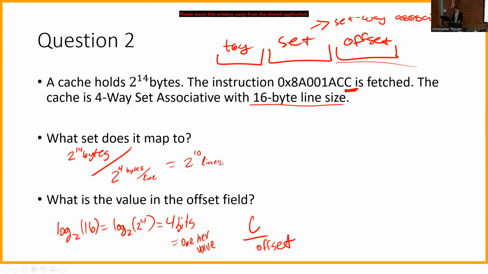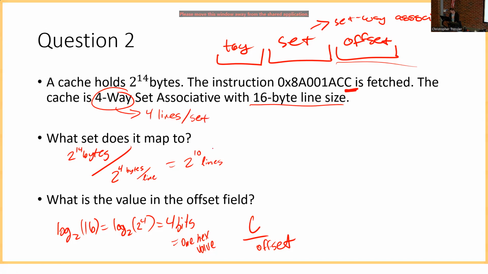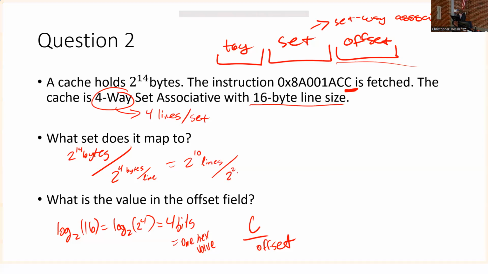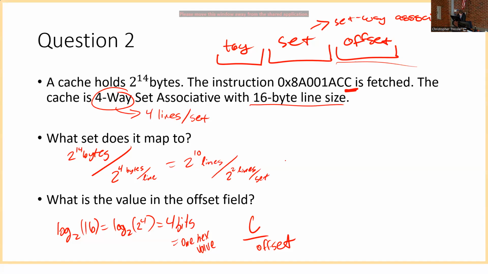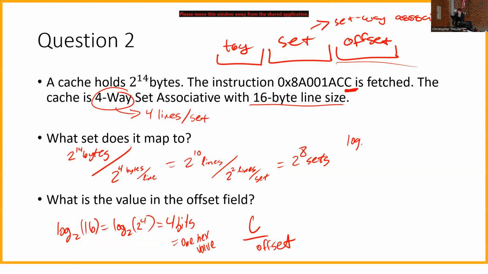Then it's 4-way set associative, which means we have 4 lines per set. So we divide by 2 to the power of 2 lines per set and get 2 to the power of 8 sets. Finally, log base 2 of 2 to the power of 8 is equal to 8 bits in the set field.